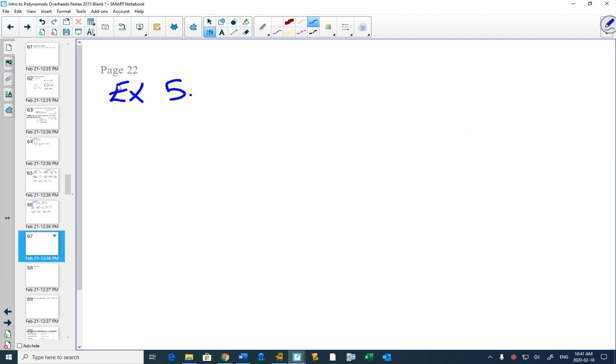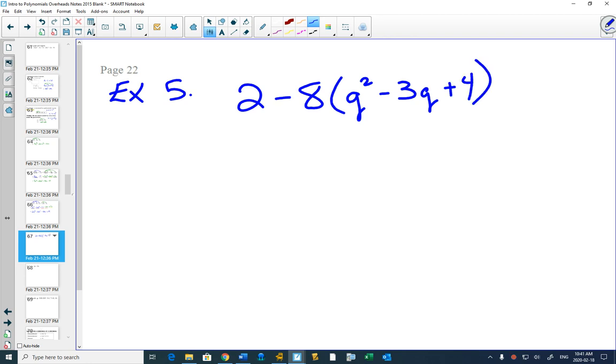So example 5 says 2 minus 8 bracket q squared minus 3q plus 4. And this example is here because it is designed to tempt you to make a mistake. It's going to give you something so tempting that most of you will make the mistake. You're reading the question. What do you see? You see 2 minus 8. You're like, ooh, I can do that. And that is the mistake because there's still order of operations.